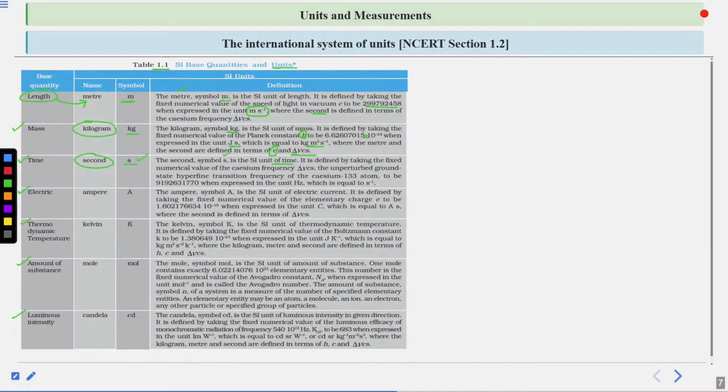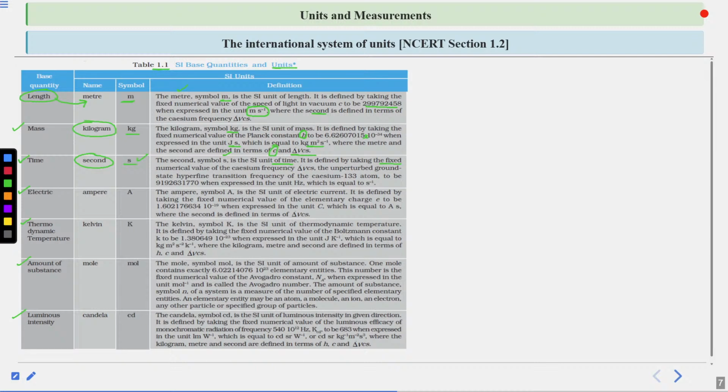Second is the SI unit of time. It is defined by taking the fixed numerical value of the caesium frequency, the unperturbed ground state hyperfine transition frequency of the caesium 133 atom. About this concept you will learn in upcoming lectures.